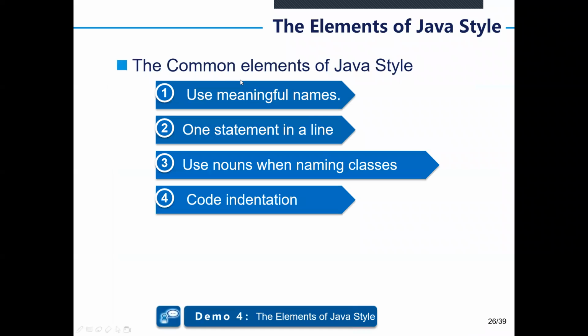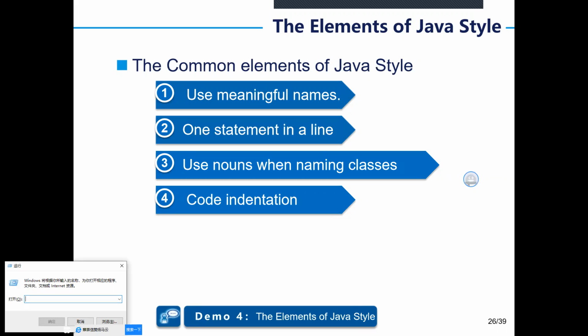There are some common elements of Java style. First, you should use meaningful names. For example, price and count are meaningful names, but A, B, C, A1, B1 are not meaningful names.